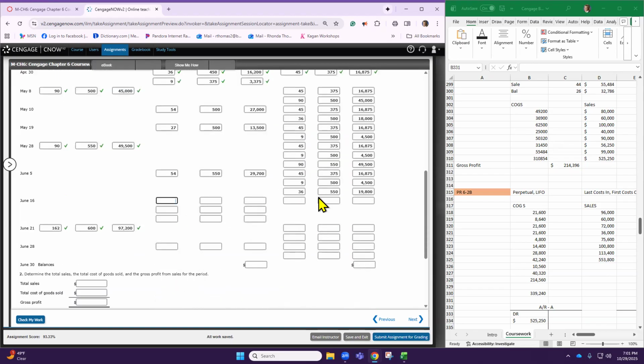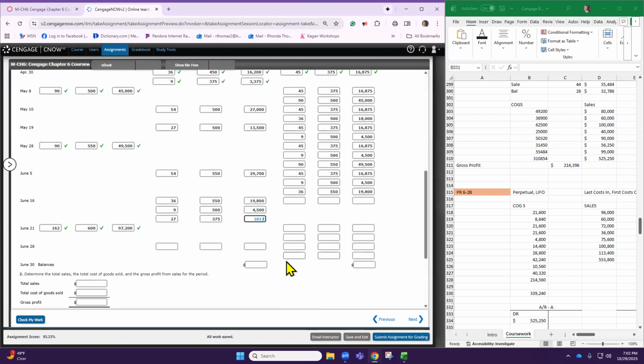So we're going to take all of this layer. Okay, so just repeat that one in, and the $500 layer. Okay, and now we're selling 72. So now we need 27. Finally, some of those $375 costs are going out.